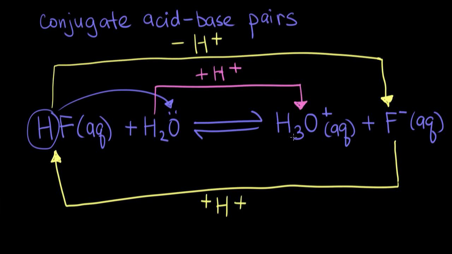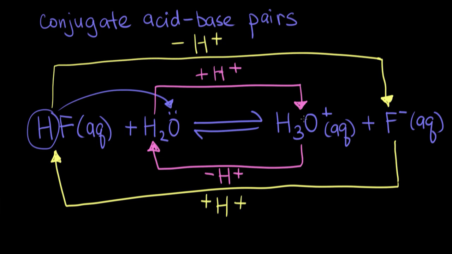In the reverse reaction, hydronium can lose a proton to reform water, so minus H plus. So again, we have these two species, water and hydronium, that are related to each other by having or not having one H plus. In chemistry, we call these species that are related in this way conjugate acid-base pairs.